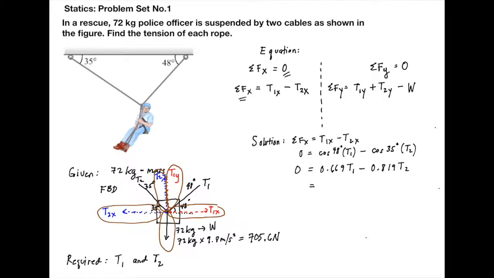Transposing 0.819 T2 to the other side, that would be 0.819 the value of T2, equals 0.669 the value of T1.